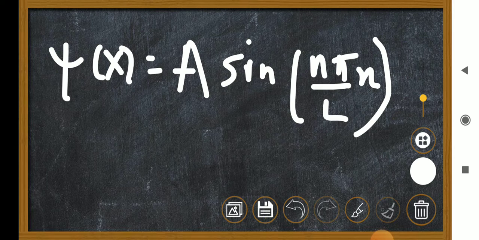Now the last unknown term is a. We can find it by using the probability density.